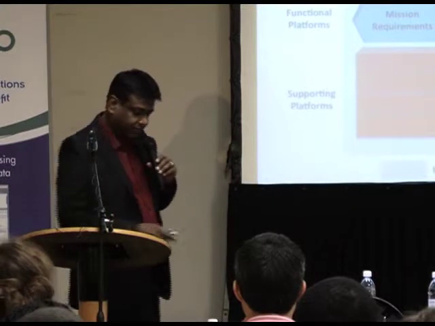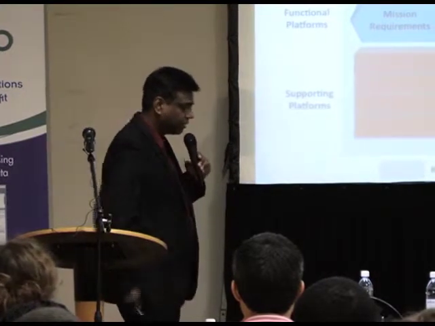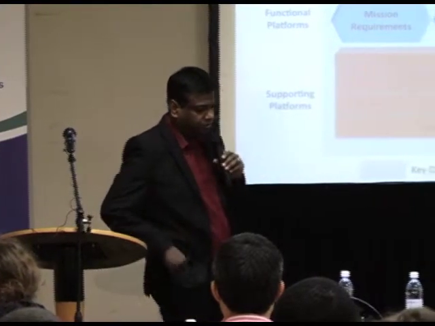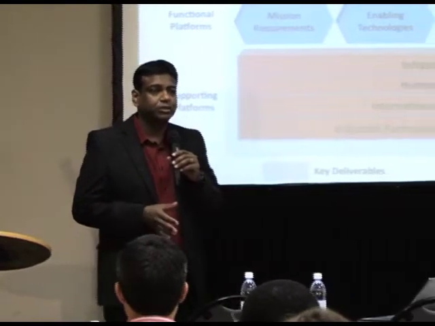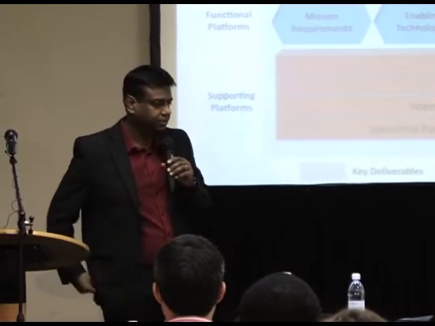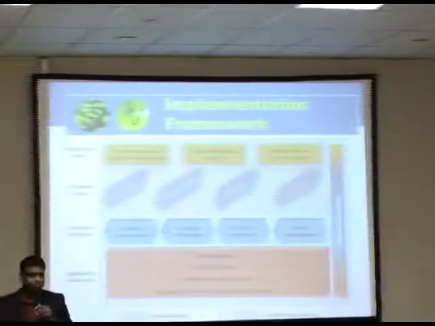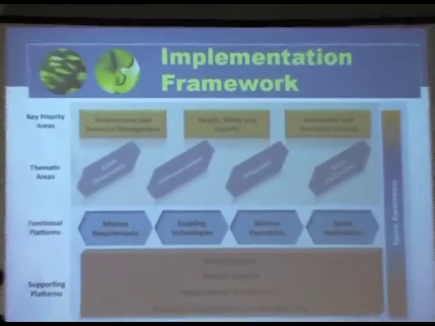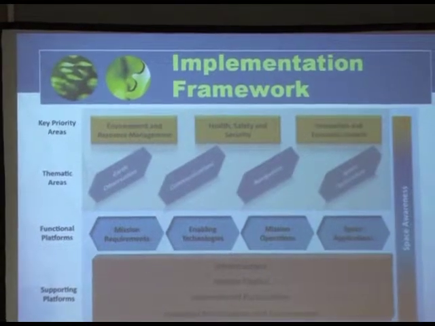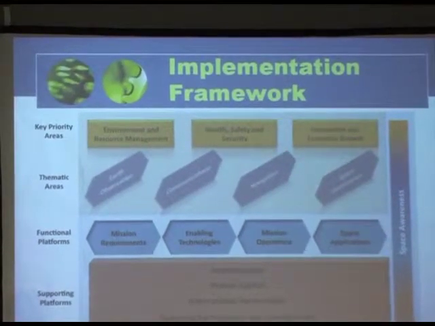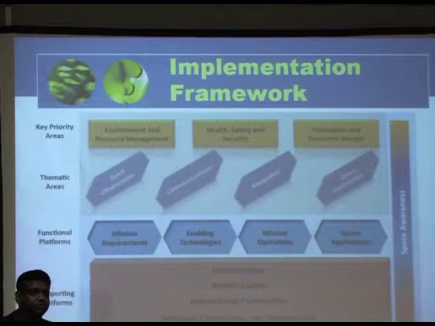Essentially, if you start at the top, we had a whole group of government departments in the room together, about 30 different government departments. We asked them to articulate to the DST, the Department of Science and Technology, what their requirements would be from a national space program.